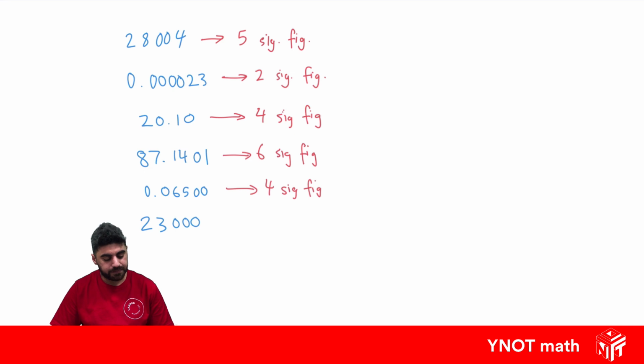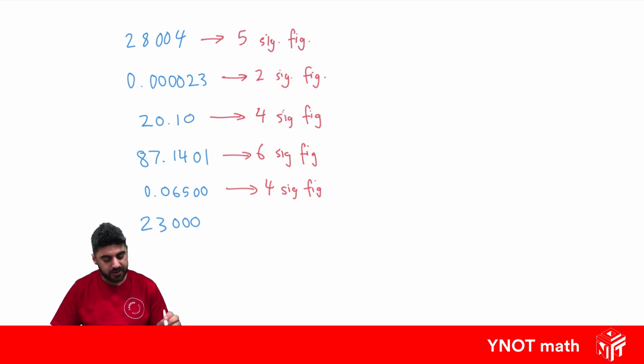So you can think about if the number was originally 23,000 and we rounded it to 23,000, they'd all be significant. But if the number was 23,001 and we rounded to the nearest 1,000, we'd get 23,000, and we'd only have 2 significant figures.